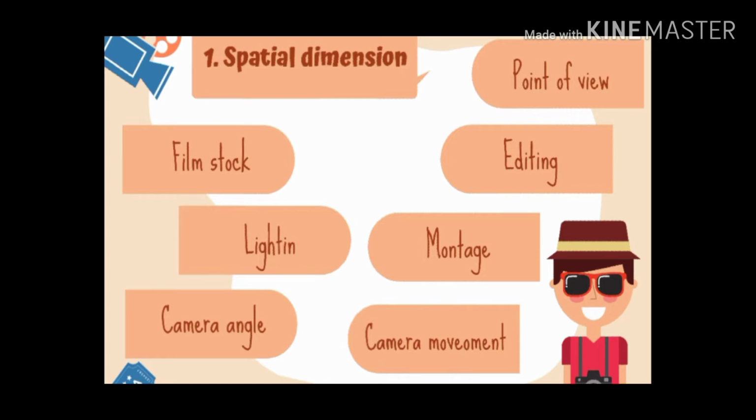Film stock is an analog medium that is used for recording motion picture or animation. It is a strip or sheet of transparent plastic film base coated on one side with a gelatin emulsion containing microscopically small, light-sensitive silver halide crystals.